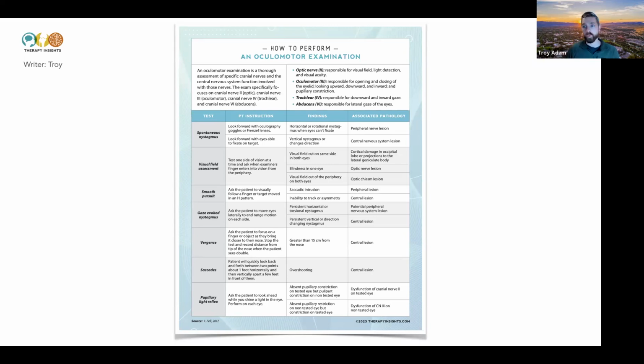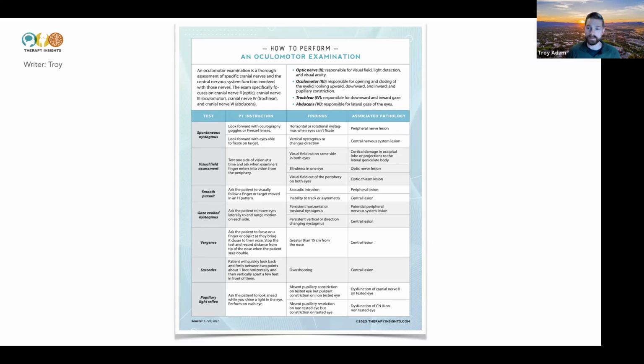So if you take them way out there to that edge, you might give yourself a false positive. So you let them come back in just a little bit. And again, you're looking for persistent nystagmus, and you're looking for the direction of that nystagmus to kind of help guide you in terms of your diagnosis.